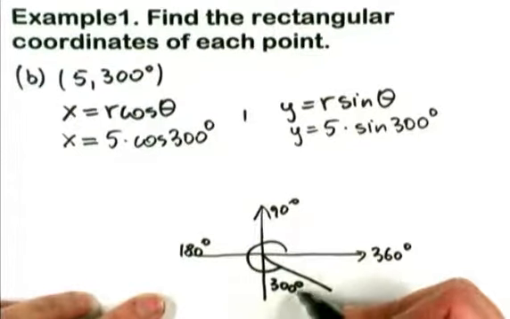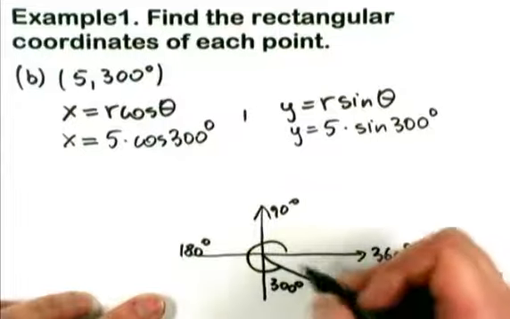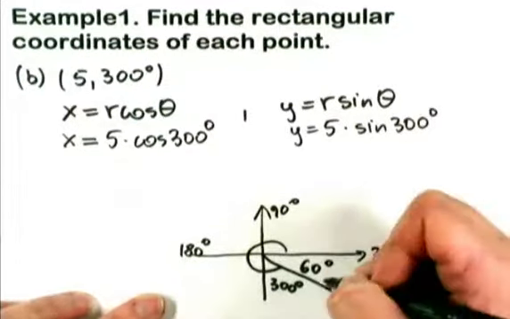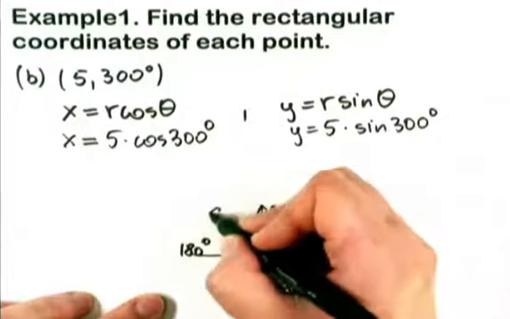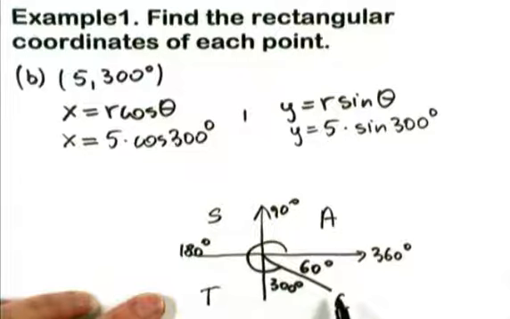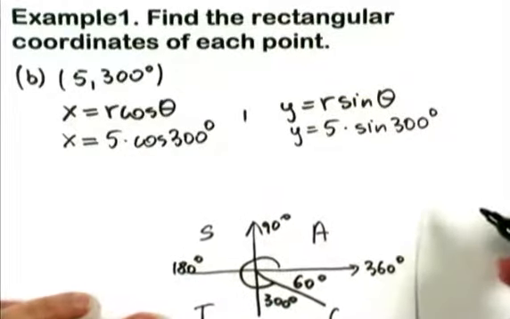So 300 plus how much is 360? 60 degrees. So this angle is in quadrant 4. Add sugar to coffee, so only cosine is positive. So cosine 300 is equivalent to cos 60 degrees, and positive on this side.